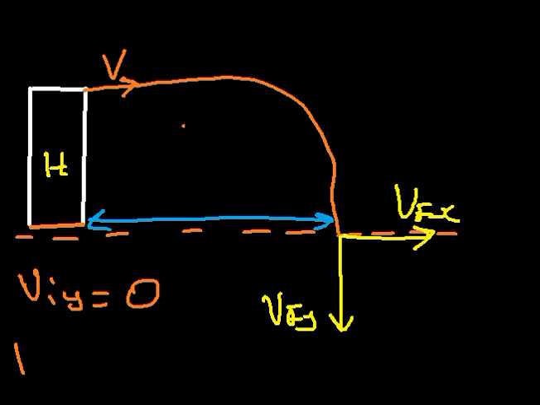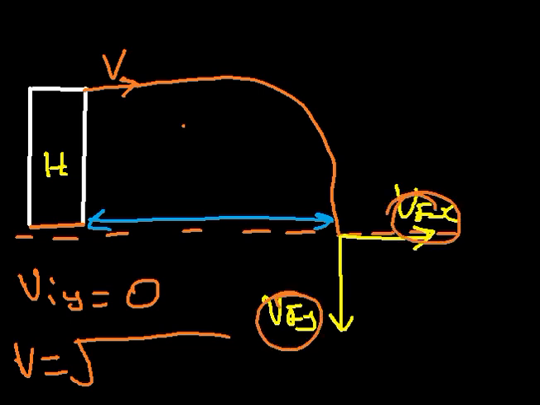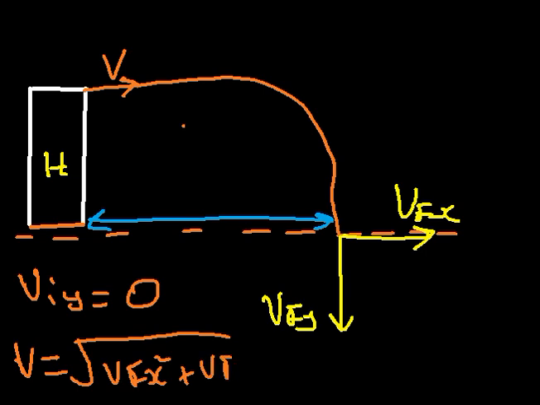We'll have the speed equal to the magnitude of the two components of the actual final velocities, given as the square root of vfx squared plus vfy squared. That is the landing speed, the magnitude of the two components of the vectors.